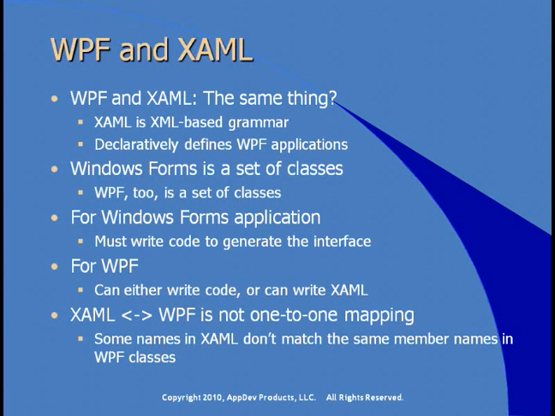You just need to be aware of this as you create your XAML, because sometimes you'll want to go look in the documentation for the class that corresponds to the element you've entered in your markup, and sometimes the names don't match exactly. In general, though, for every element you see in the XAML markup, you'll find a corresponding class in the .NET framework that's part of WPF that represents the behavior of that class.